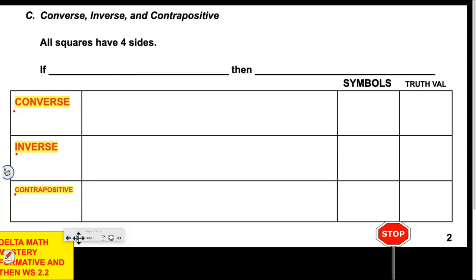So I told you that a conditional statement is a statement that is in if-then form or can be in if-then form. And I'm going to go on the side here. Don't write this. But again, if I said, I cry when I am sad, don't write that down. Just kind of look at it. That's actually a conditional statement.